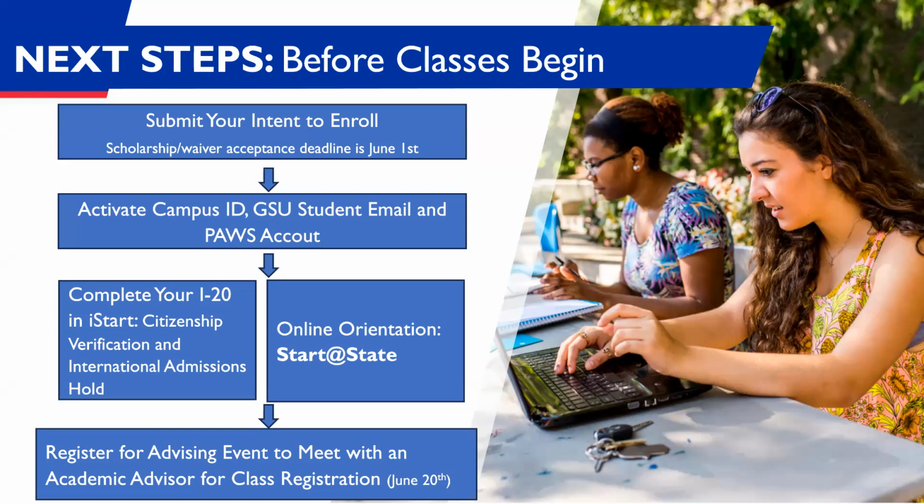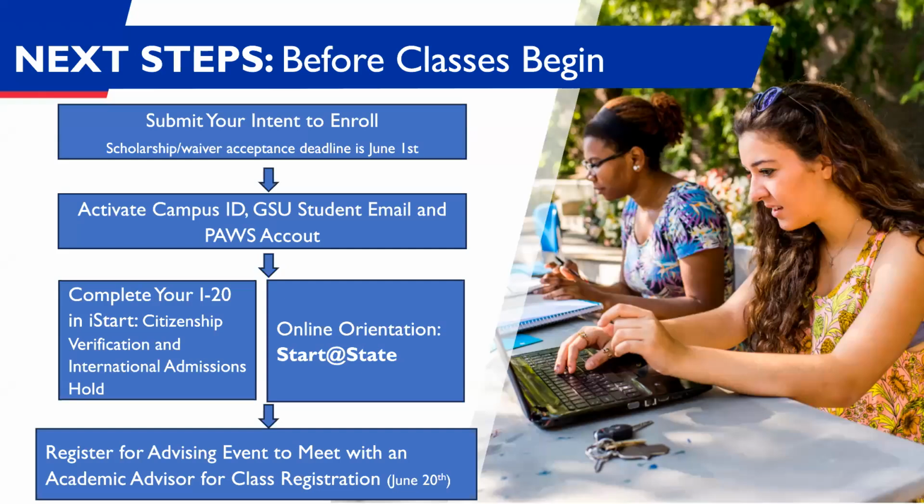After you finish your intent to enroll, you need to activate your campus ID, your Georgia State student email, and your PAWS account. If you say, hey, I don't know how to activate my campus ID, go to Google: how to activate Georgia State University campus ID. Boom, Google will tell you better than anybody here. How to set up my Georgia State University student email.